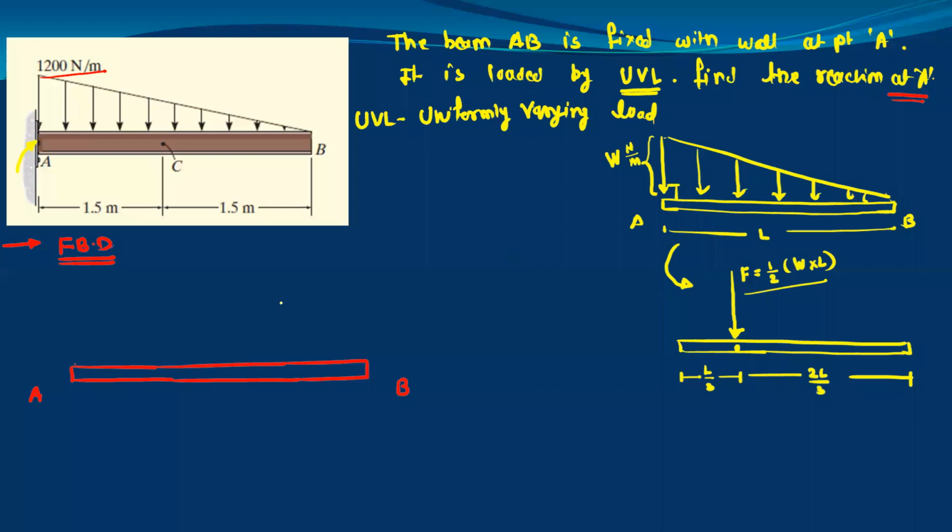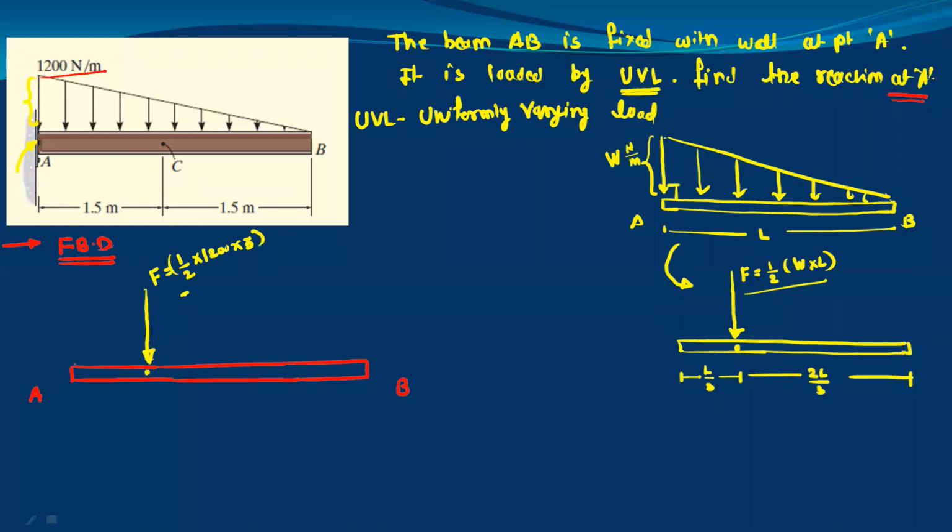So from this, we can draw the free body diagram. The point load because of this uniformly varying load will act somewhere here. Its magnitude F is given by the same formula, area of the triangle, 1 by 2. Here this side is 1200 Newton per meter, and its total base AB is 3 meter.